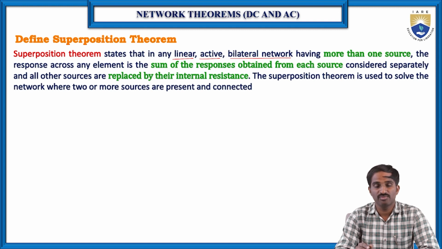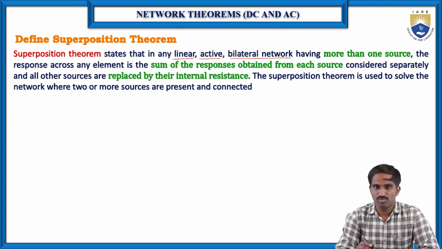This theorem is applicable for networks having more than one source, either voltage sources or current sources. Suppose we consider a particular network having three sources. If you want to find the response across any element, it is equal to the sum of the responses obtained for each source considered separately, and the other sources are replaced by their internal resistances.